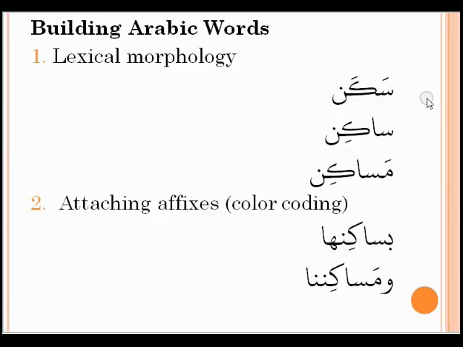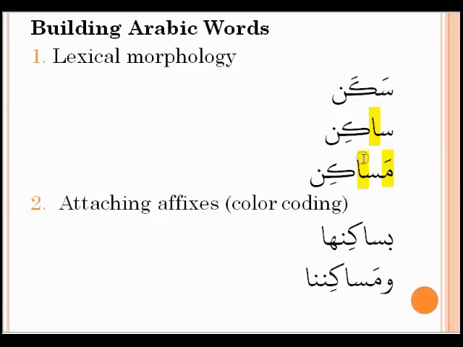So for the first words, the examples here are sakana. Sakana means to reside. You see in the second word, I attached an extra alif in the middle, so it became sakin. Sakin here means resider. So it is actually the person living there. And the third word, masakin, you see the additional letters, there are 2.